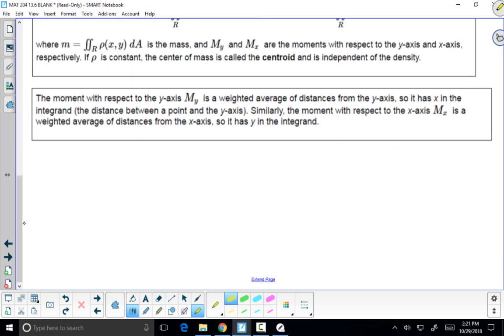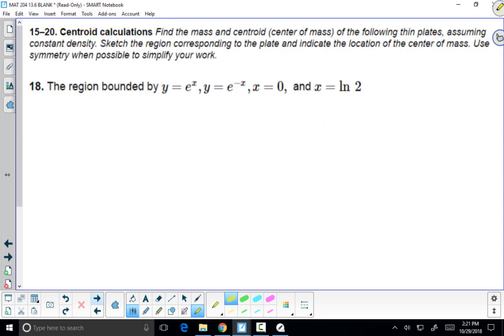All right, so that's all this next thing is saying. Let's try it. Let's see if we can keep it straight. All right, there are some curves that define a region, which we will call a lemma. So we have e to the x, exponential growth.